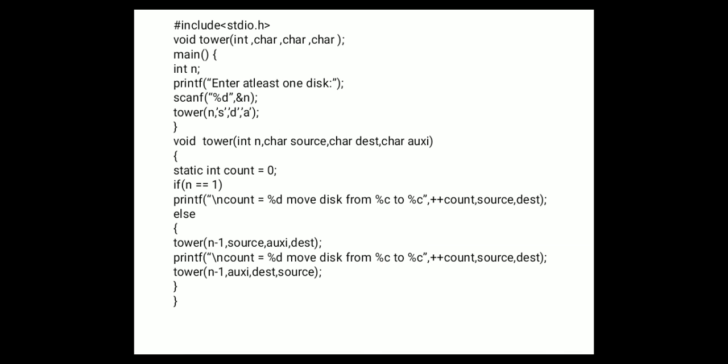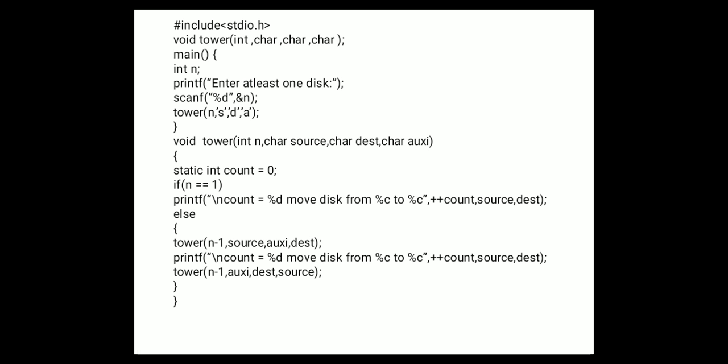Else you're calling 2 functions, wherein the first argument is n minus 1, and you're changing the positions and the names of source, auxiliary, and destination, because sometimes even your destination may act like an auxiliary storage. So you're just changing the names over there, and you're making n minus 1 moves.